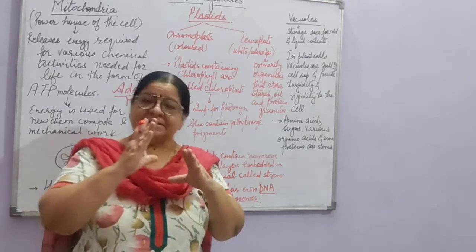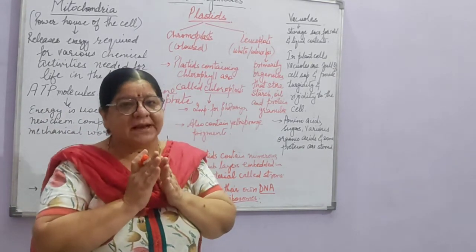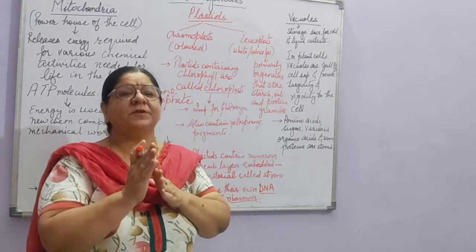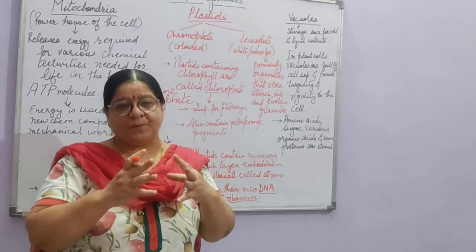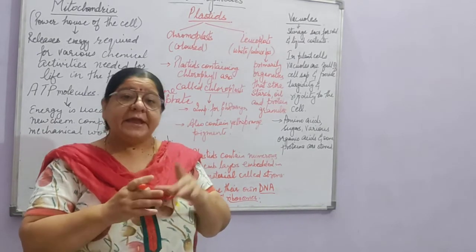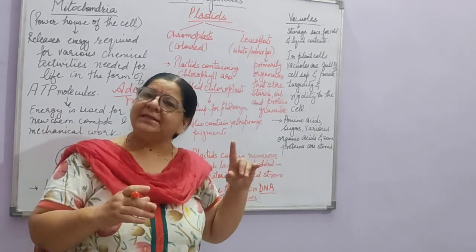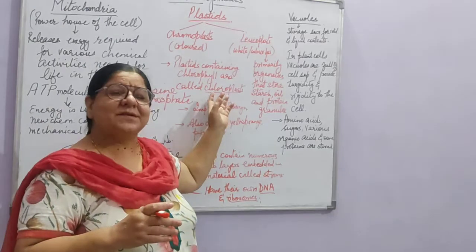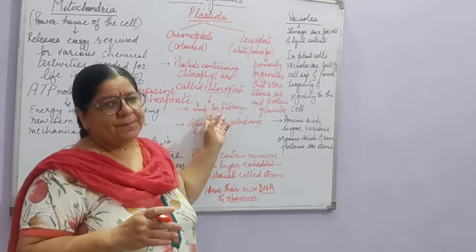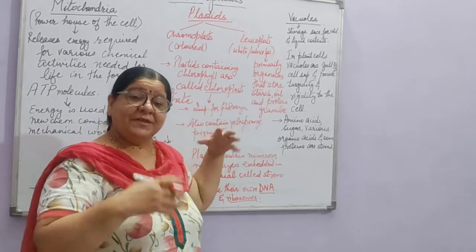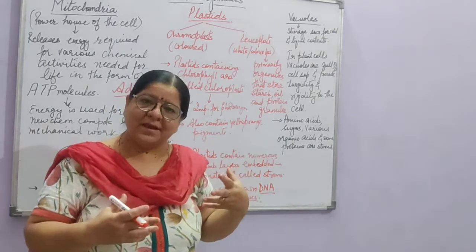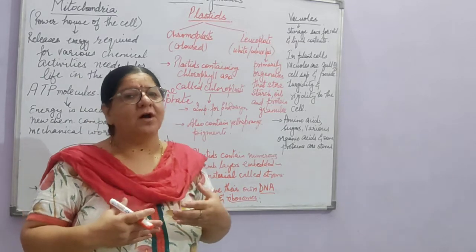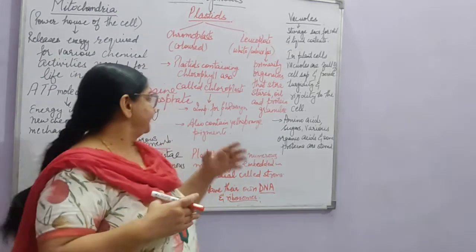The plants, because they have these green color pigments called chlorophyll, are able to perform the function of photosynthesis, that is preparing their own food. If chlorophyll is absent, then the plants cannot prepare their own food. That is why the chloroplasts are very important for the plants, because with the help of these chloroplasts, the plants are able to prepare their own food, or perform the function of photosynthesis.